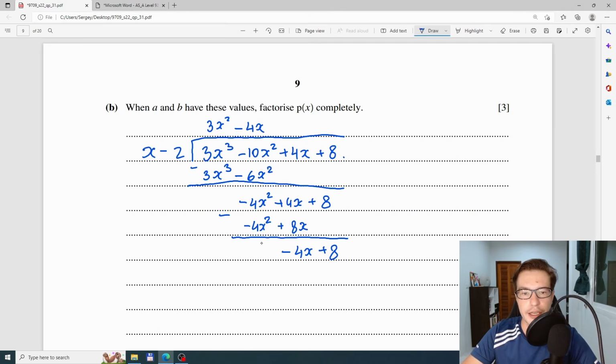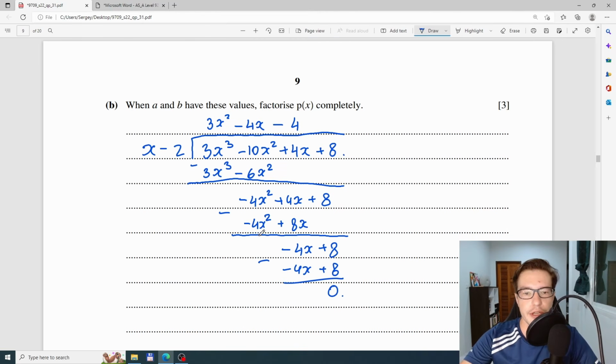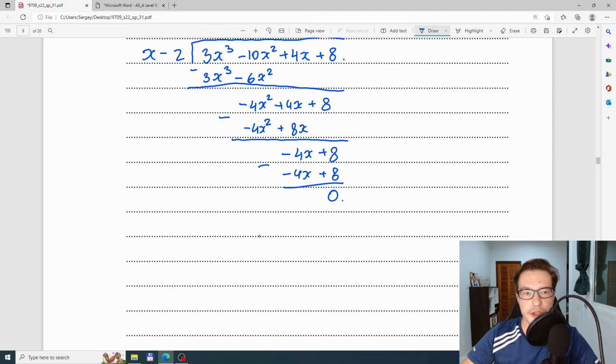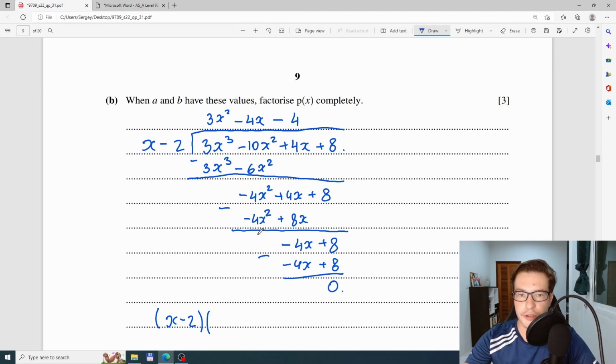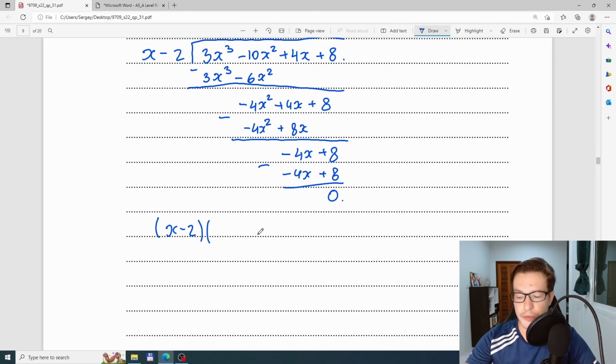And then finally, I'll have to multiply by minus 4, and I'll get minus 4x plus 8. Subtract, equals 0. Okay, so the first step is done. And we get our polynomial as x minus 2 times 3x squared minus 4x minus 4.